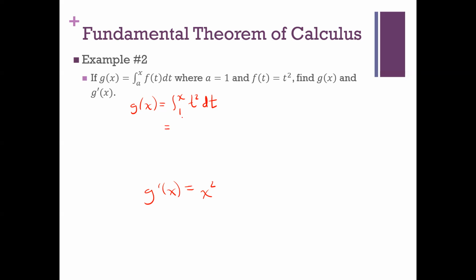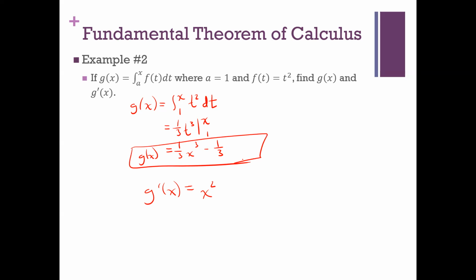So what is the antiderivative of t squared? 1/3 t cubed. And I evaluate it from 1 to x. And what do I get? One-third x cubed minus 1/3, right?